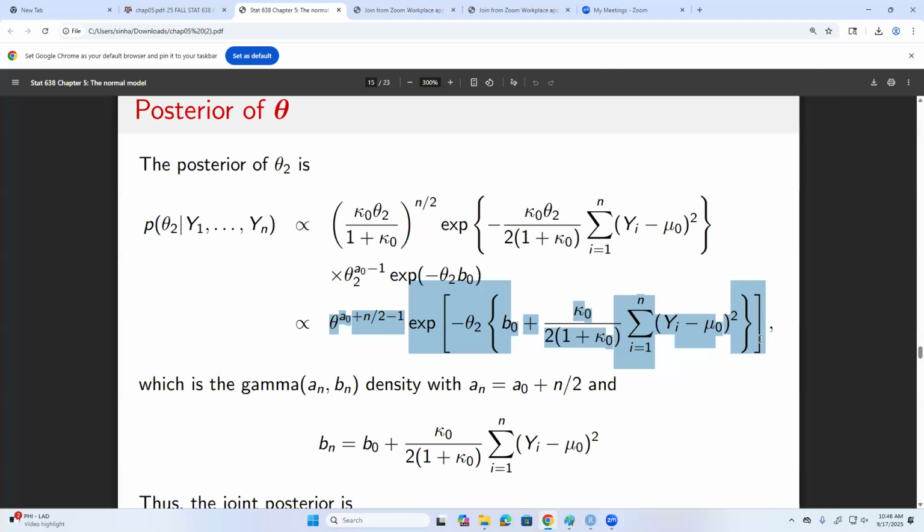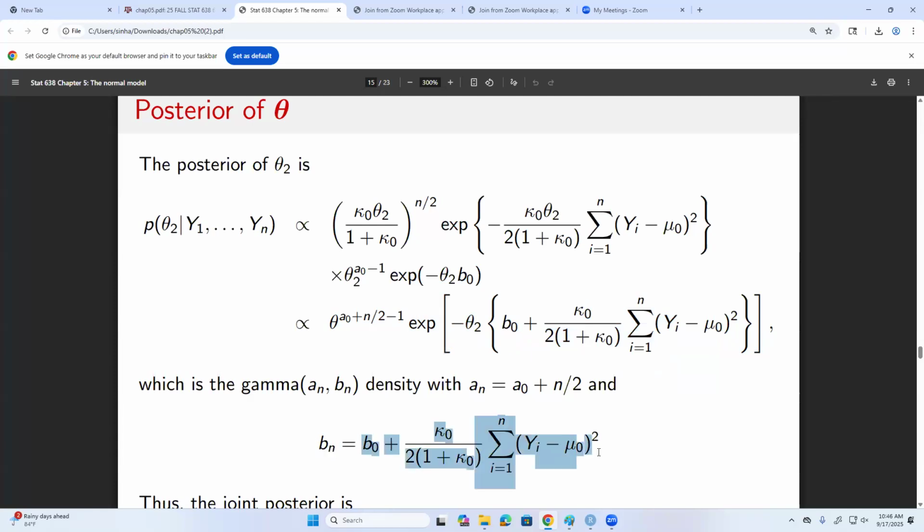So the posterior distribution is again a gamma distribution with the shape parameter being the power that appears here, which is a0 plus n over 2. And the rate parameter is what appears in the exponent as a multiplier of theta 2. We call it Bn, so Bn equals B0 plus this entire thing.